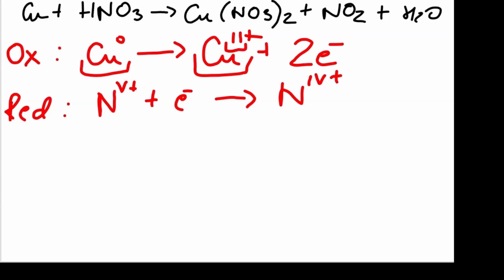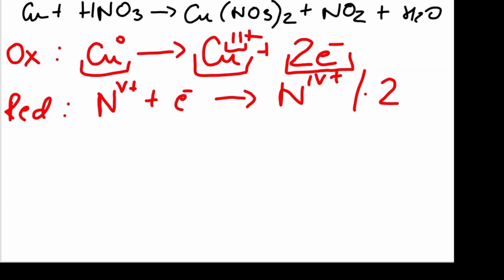Okay, so we have to balance the number of electrons. One atom of copper releases 2 electrons, so we need to multiply the reduction reaction by 2 to balance the number of electrons. As I said previously, these electrons should be consumed.